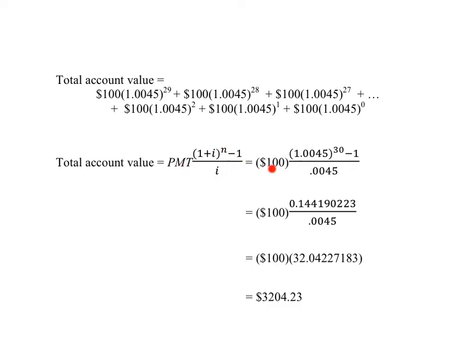The payment amount is $100, 1 plus i is 1.0045, n equals 30, i equals 0.0045. We compute, and at the end of the day, we find that the total account value equals $3,204.23. This makes sense. There are 30 separate payments of $100 each. They earn some interest, so at the end of 2.5 years, the total account value is something more than $3,000.